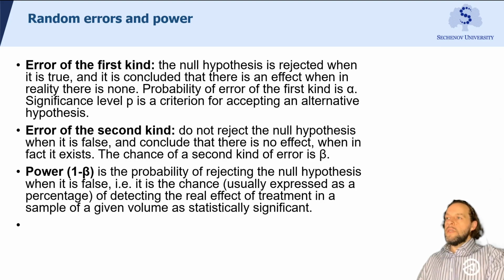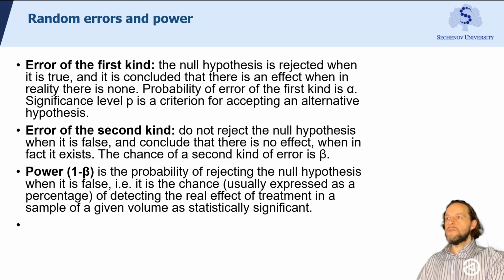And talking about errors, we will always have two types of error. First type is a false negative, when something is true, but our procedure marks it as negative, and it's an error of the first kind.